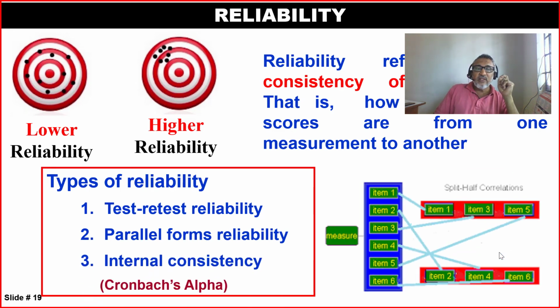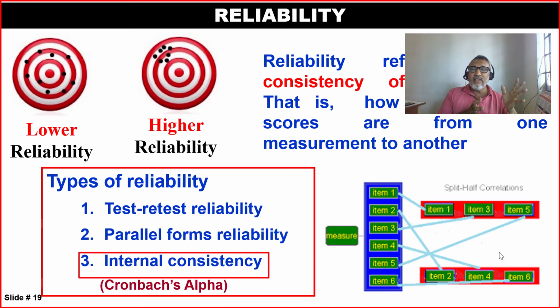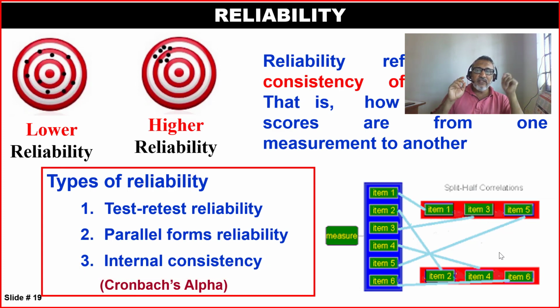Next is the internal consistency. That means internally each and every item score should have a correlation with the final score of the question paper. For this, traditionally what is done is the split-half method. You conduct a test, then you split it into two tests. You select all the odd-numbered items and make one test. All the even-numbered items make the second test.